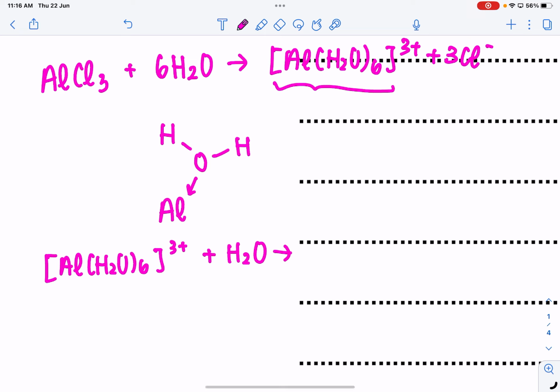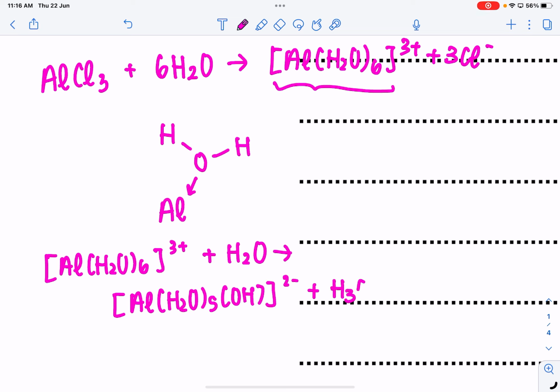This is what we call hydrolysis. Why? Because it reacts with water. So it will form Al(H2O)5(OH) 2+ plus H3O+. So this is due to the aluminium's high charge density.